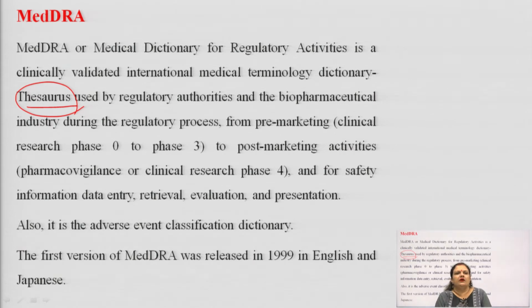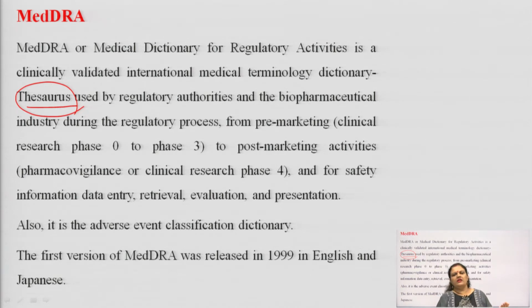So, the Thesaurus e-dictionary gives detailed information from pre-marketing. Pre-marketing means, students, the drug is new, the NCE, in the drug development procedure. Here again I am talking about clinical research, the drug discovery pathway.